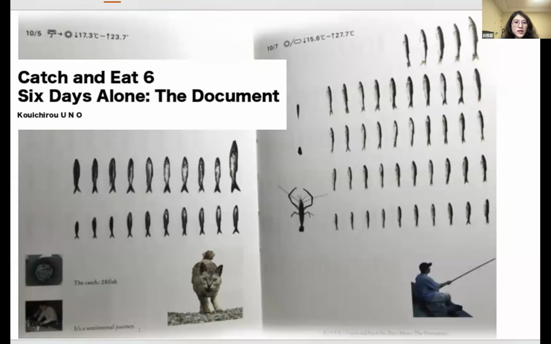So he also made a documentary, a video documentary, and a visual diary from this project. You can see this is the 5th of October, and this is the 7th of October. In these days, he caught 28 fish, and he made everything visually.